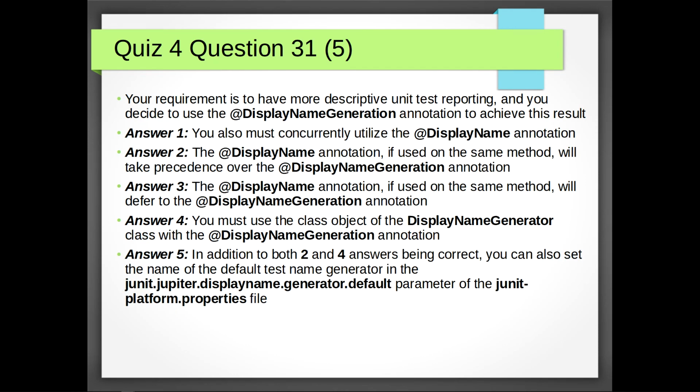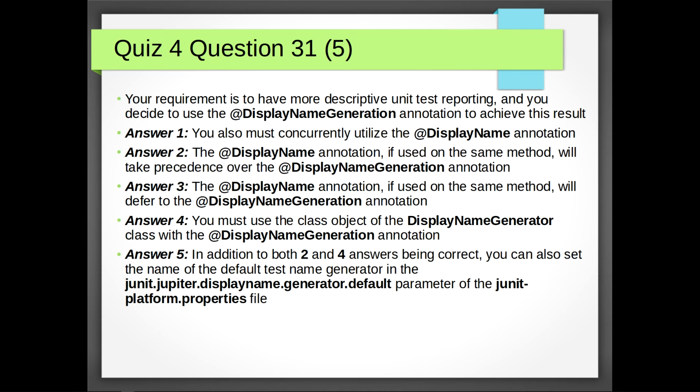Quiz 4, question 31. Your requirement is to have more descriptive unit test reporting, and you decide to use the @DisplayNameGeneration annotation to achieve this result. Answer 1. You must also concurrently utilize the @DisplayName annotation. Answer 2.